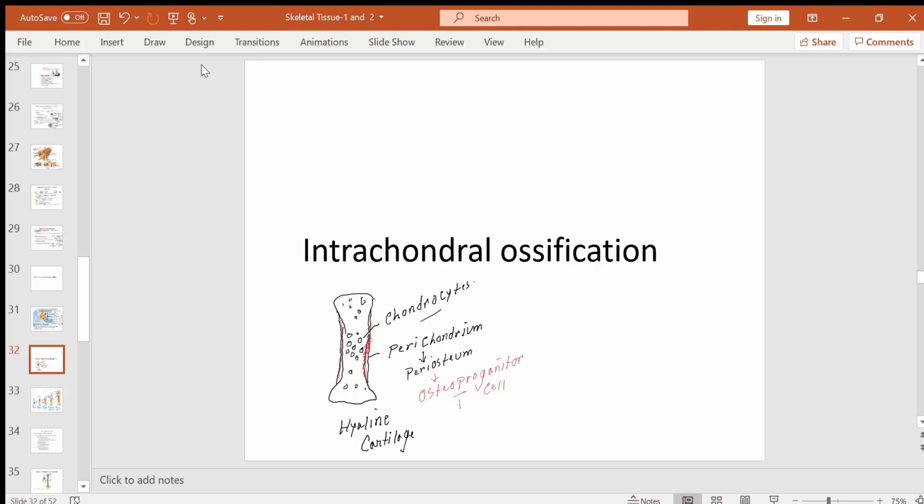Will become osteoblasts, and osteoblasts do what? You already know, young bone cells, right? They secrete matrix called what? Osteoid, right? The organic part.